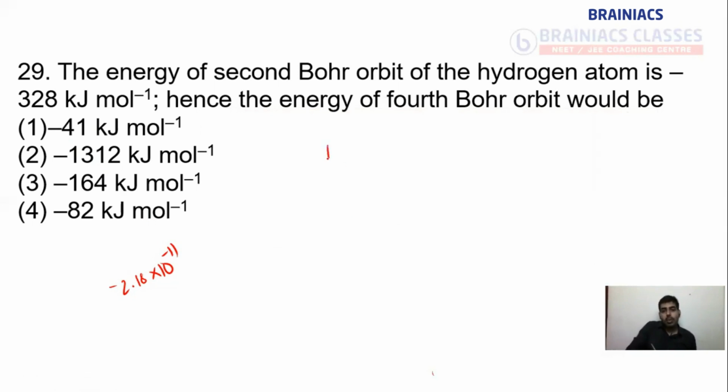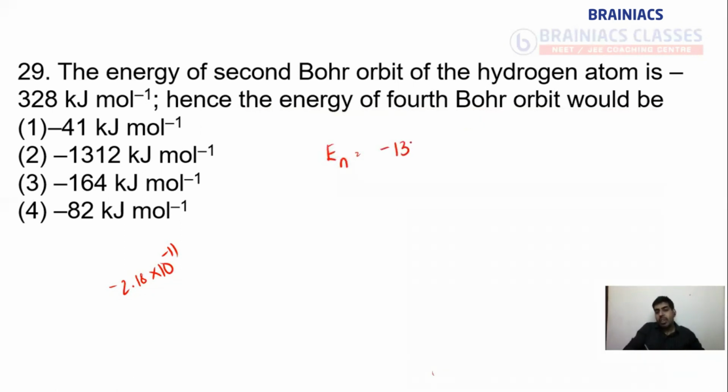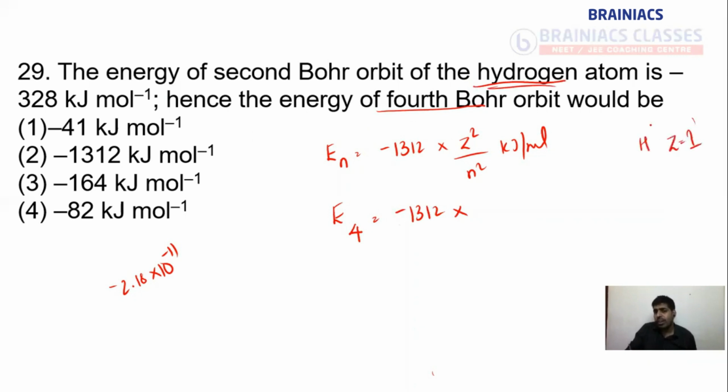For the fourth orbit, the equation is En is equal to minus 1312 Z square by n square kilojoules per mole. So E4 is equal to minus 1312 into Z square by n square. For the hydrogen atom, the atomic number Z is 1, and n is 4.